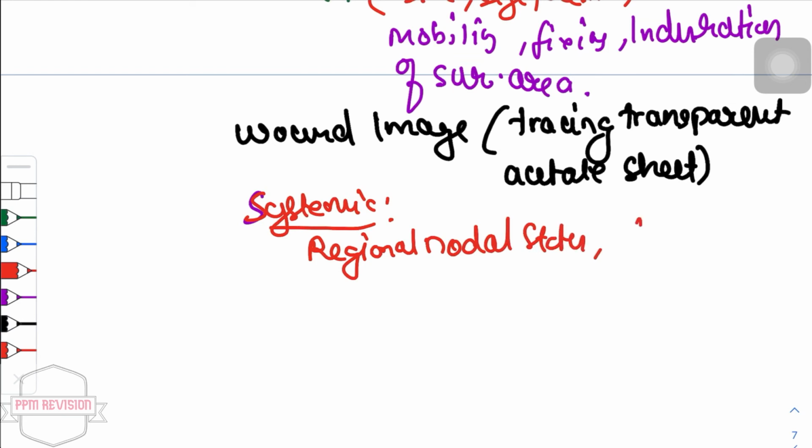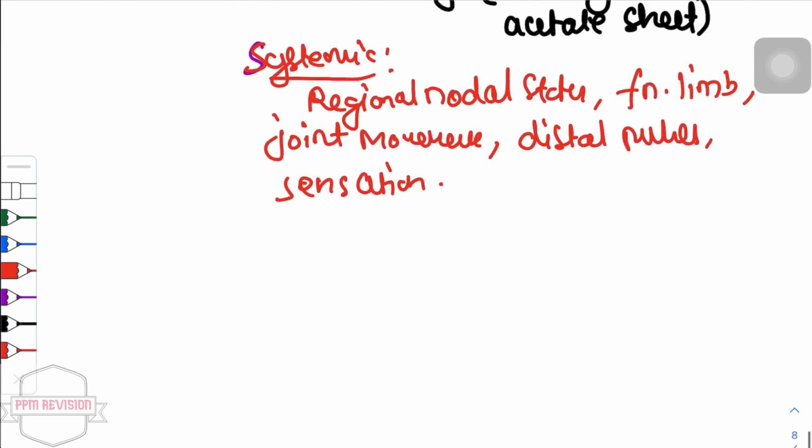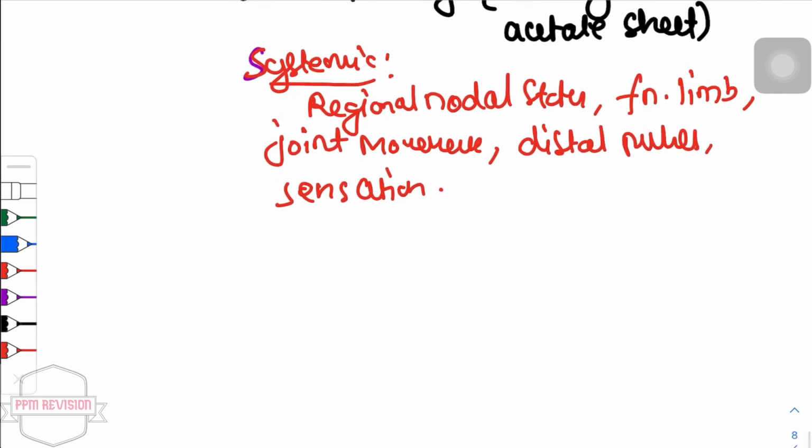We look at the functioning of the limb, joint movements, distal pulses, and sensations should be checked. The discharge should also be noted.